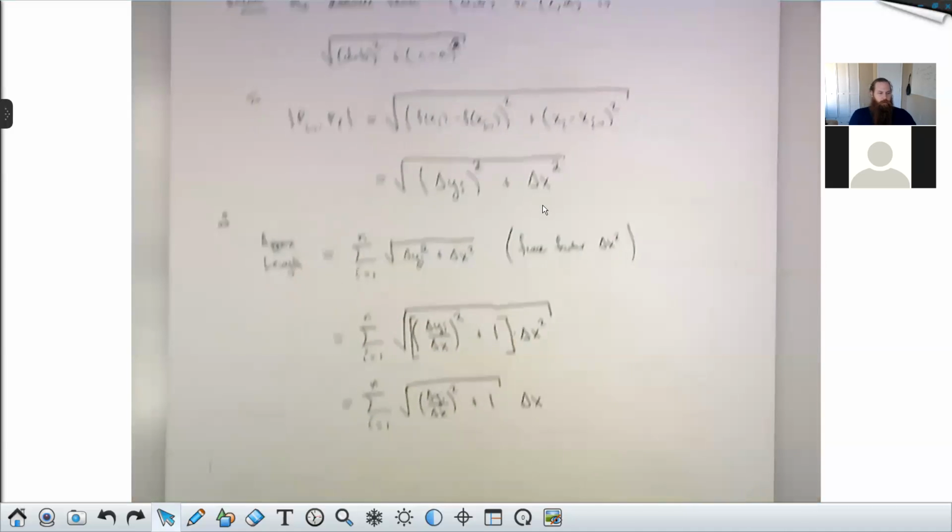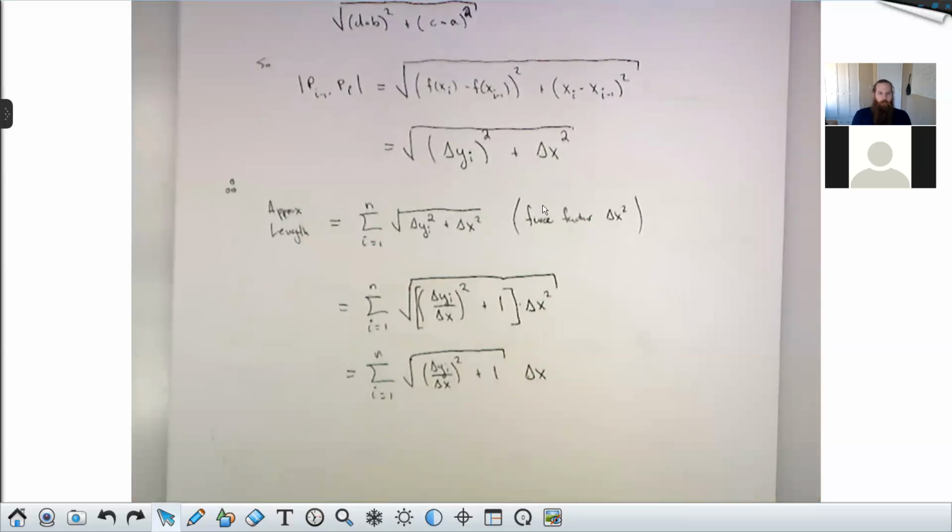Because this now looks like a Riemann sum. Delta y over delta x becomes dy over dx. That becomes the derivative, dy dx, as n goes to infinity.